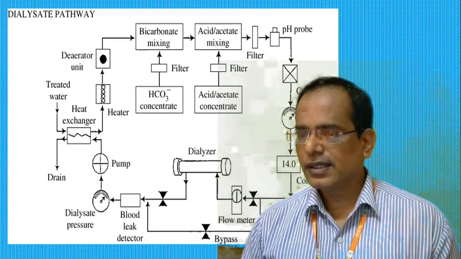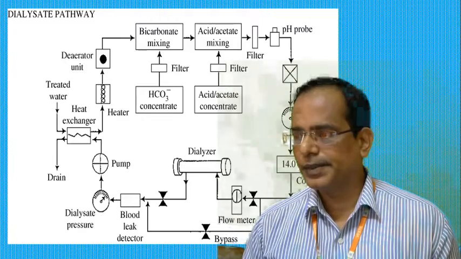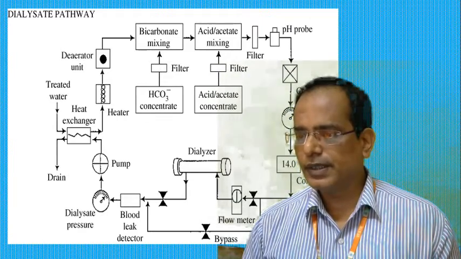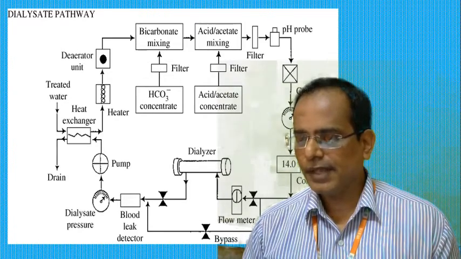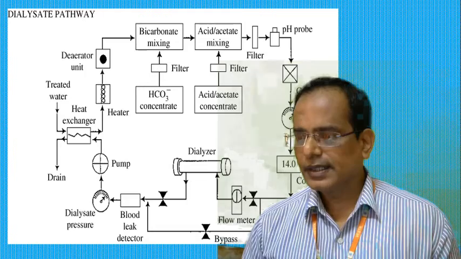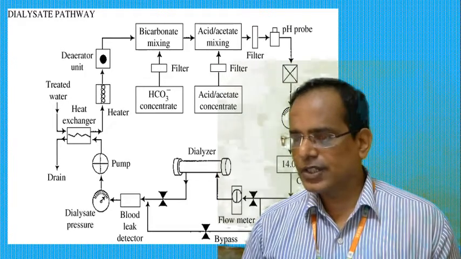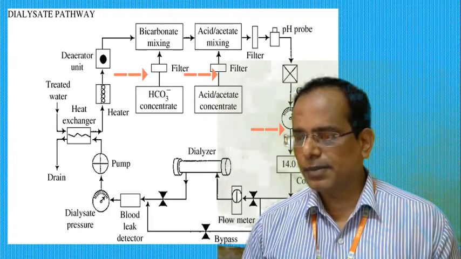Thus, it is important that the same type of bubble detector be included in the path of blood before it re-enters the body. If bubbles are detected, the blood pump is turned off until the technician operating the dialyzer solves the problem.